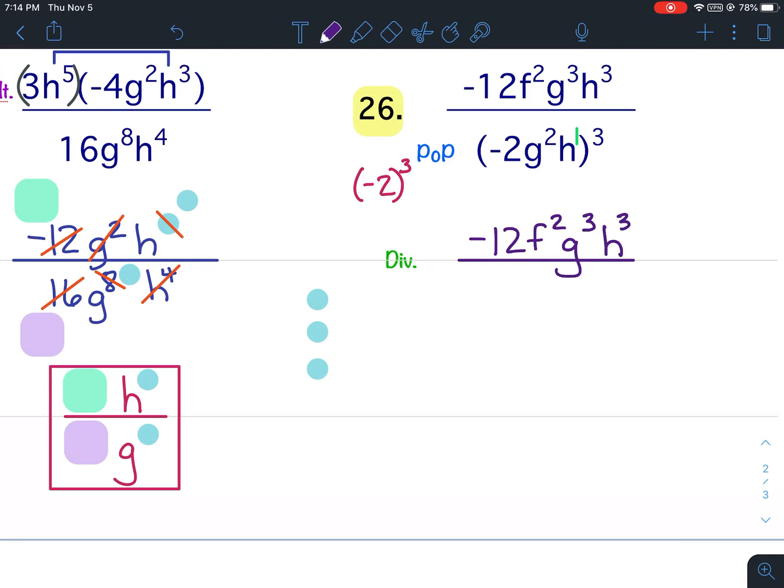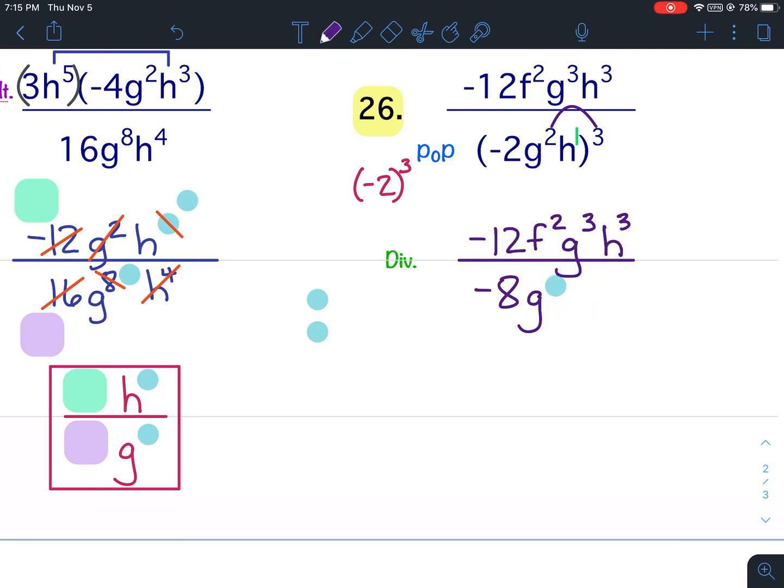The denominator, I start with negative 2 to the third, which is negative 8. And then I multiply exponents. So you're going to multiply those exponents to get that.